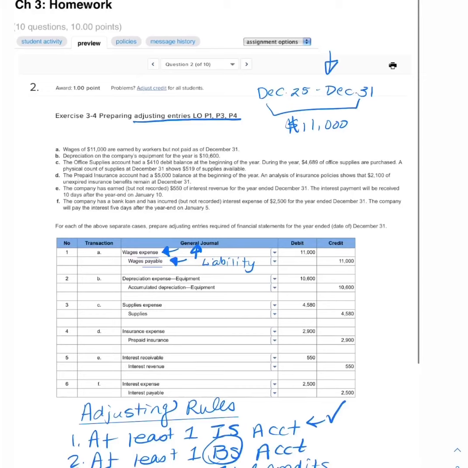So we see this liability increasing in value, and we see the expense also increasing in value. So you say, well, how on earth does that keep the accounting equation in balance? Well, you're looking at this, you say assets equal liabilities plus equity.